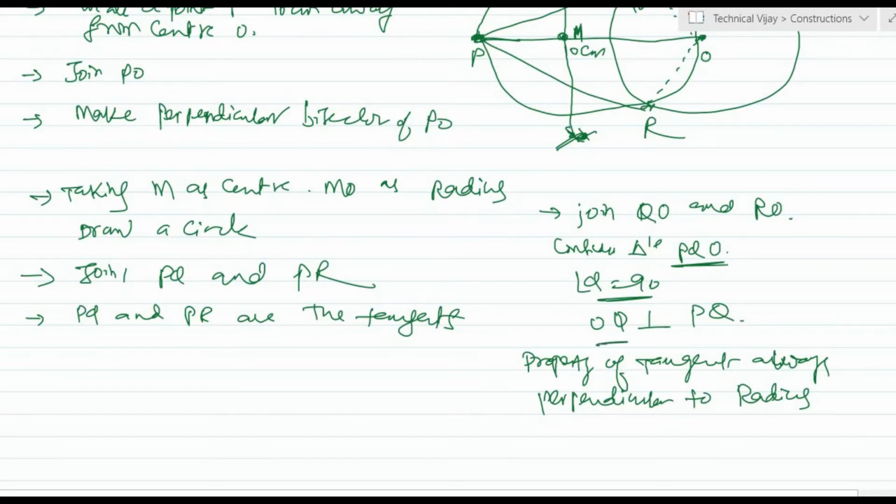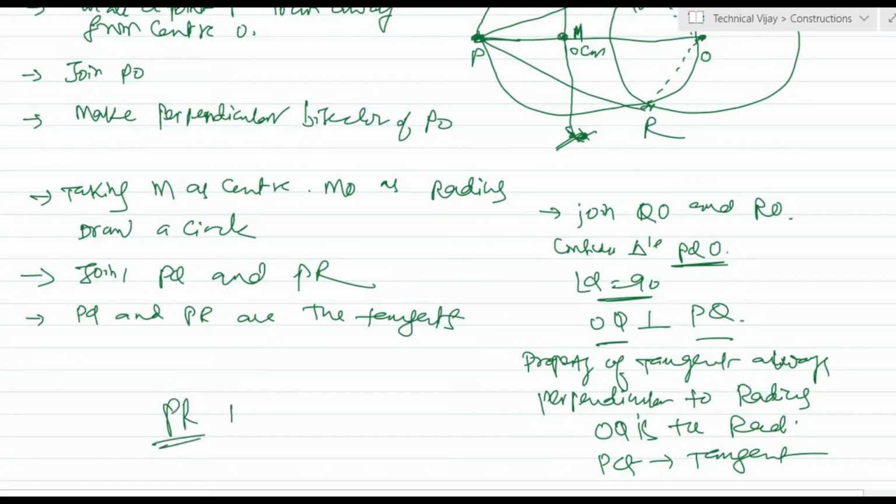In this case OQ is the radius. So hence PQ is the tangent. In the same way PR is also a tangent, because OR is perpendicular to PR. Okay, we'll go for the next one.